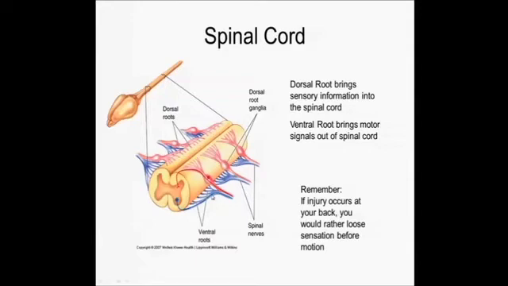And the way I like to think of this is the dorsal roots: if you're going to get an injury, it's coming from your back, right? It's not going to come through your intestines and all the way to the back. So it's mostly going to come from the backside. And the first thing it's going to cut is the sensory neurons. So the dorsal roots are the ones taking signals back into the spinal cord and up to the brain.